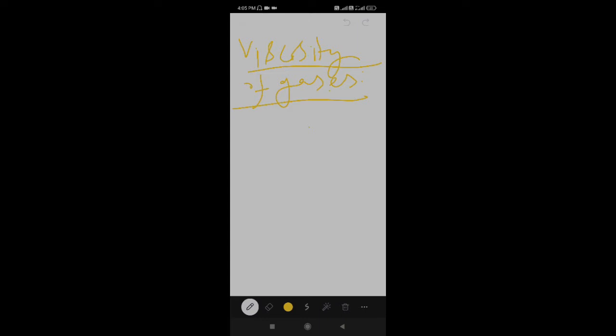Now in the previous class we already drew this diagram. We are considering three layers of the gas. We are assuming that the gas is composed of so many layers, one layer moving over another layer. This is our picture of gas flow.